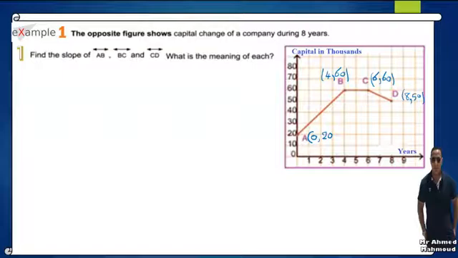Remember with me the slope. The slope m equals y2 minus y1 over x2 minus x1. Don't forget this rule. First, we are going to find the slope of the straight line AB.